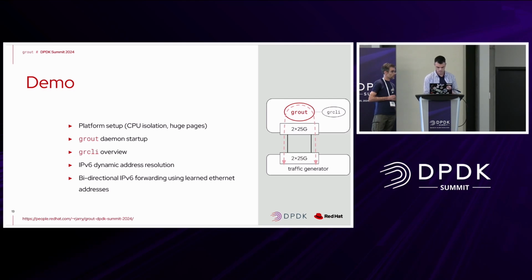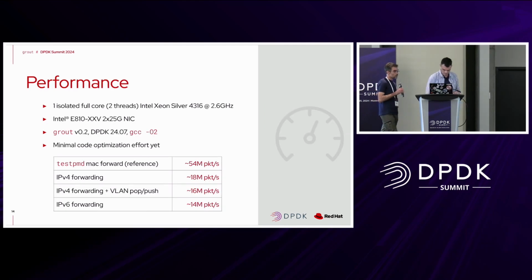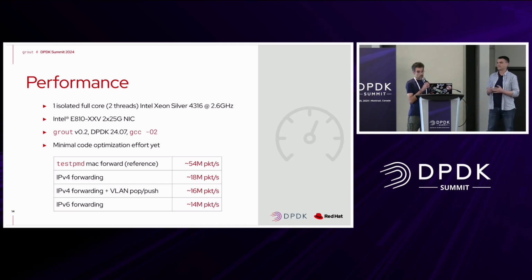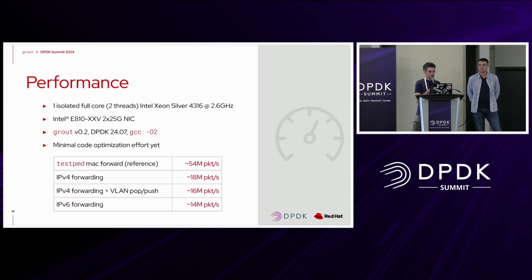And I will leave the microphone to David. Yeah, just a few words. So this is a testing tool above all, but still we wanted to see what performance it has so that it makes sense when someone is using it, because if it's only to get 1 million packets per second, it's really not something simulating a DPDK application.